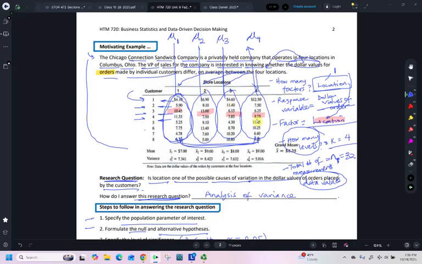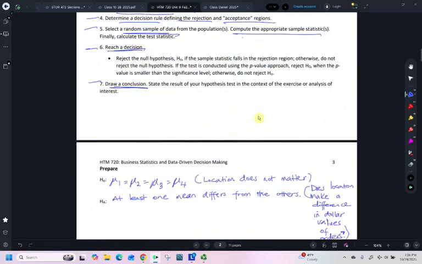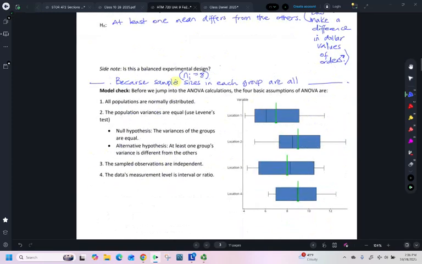In other words, for each of the 4 levels, the same number of observations was collected. So this is a balanced experimental design in analysis of variance. So the answer here is yes, because the sample size in each group is equal to 8.